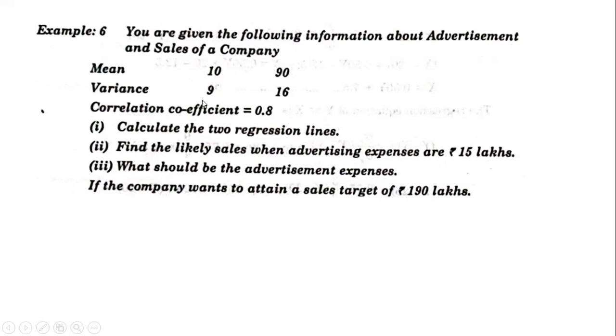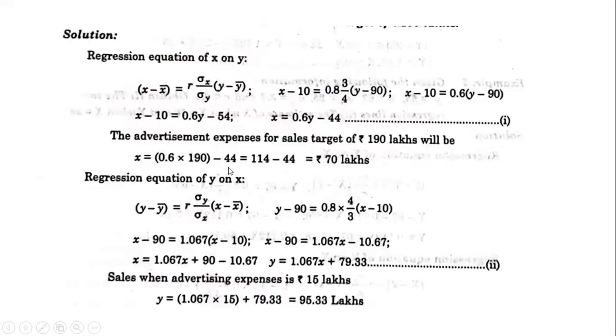Here variance is given, so you have to convert variance into standard deviation. For the regression equation of x on y, as I told earlier, we can use this one.